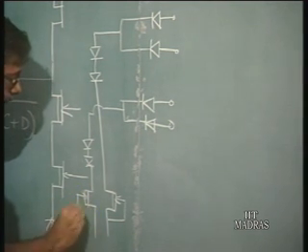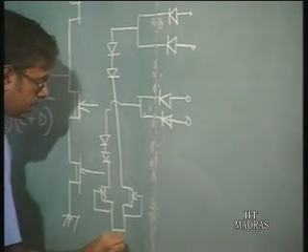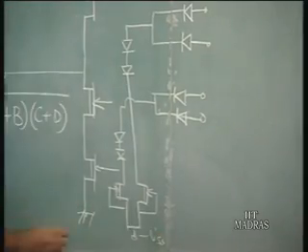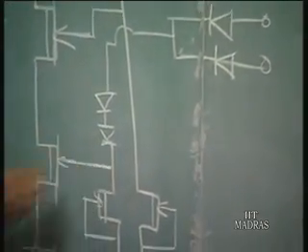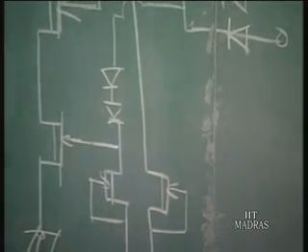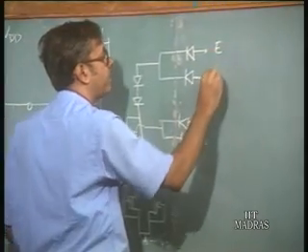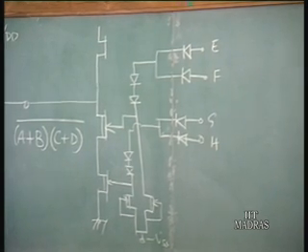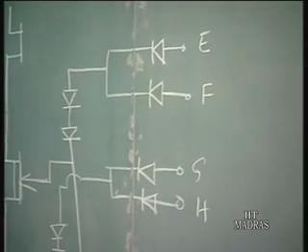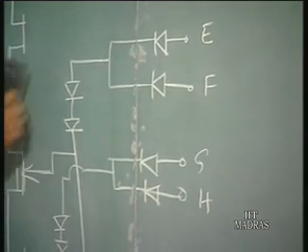So, these are always parts of the circuit, minus VSS. Now, from here you have this output going here, from here it goes here. So, if you call this A, B, C, D, then this is E, F, G, H. Now, what you have is, in fact this is not required.